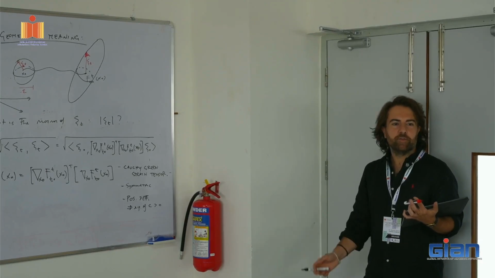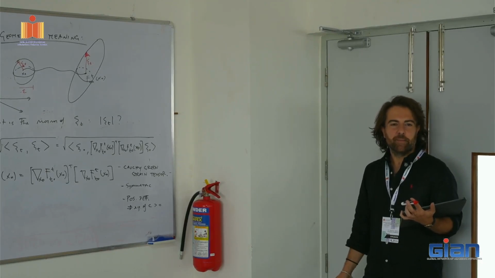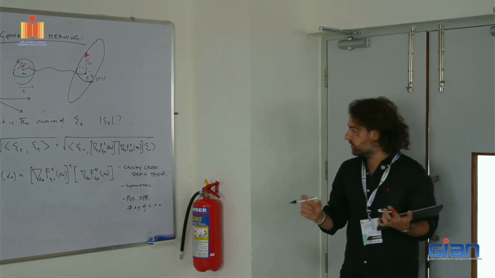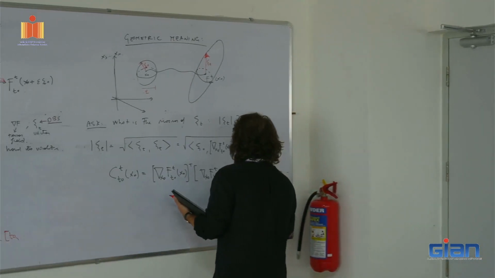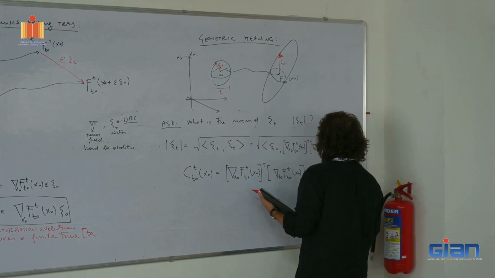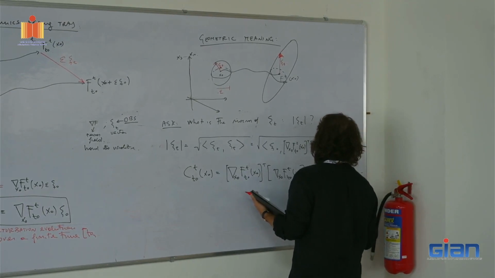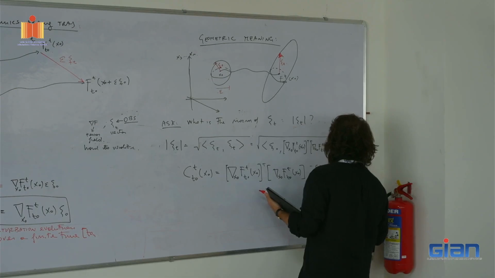Eigenvalues and eigenvectors. Real and orthogonal eigenvectors. So this implies that the eigenvalues are real and the eigenvectors are orthogonal.